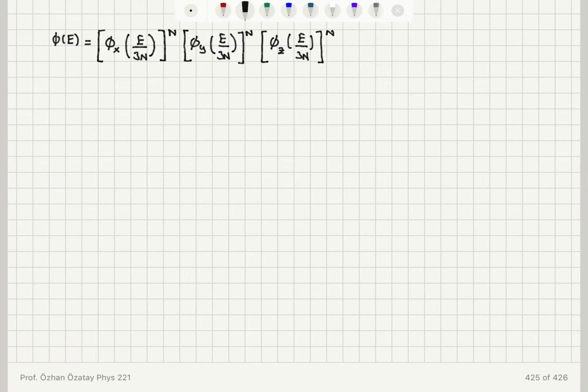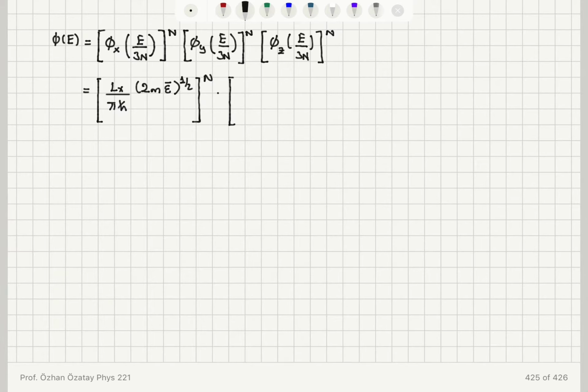And so if I substitute what I know for these numbers of accessible states for energies less than E, I will have Lx divided by pi h bar, times the square root of 2m epsilon bar, in parentheses to the power capital N. Then we will do the same thing for y and z.